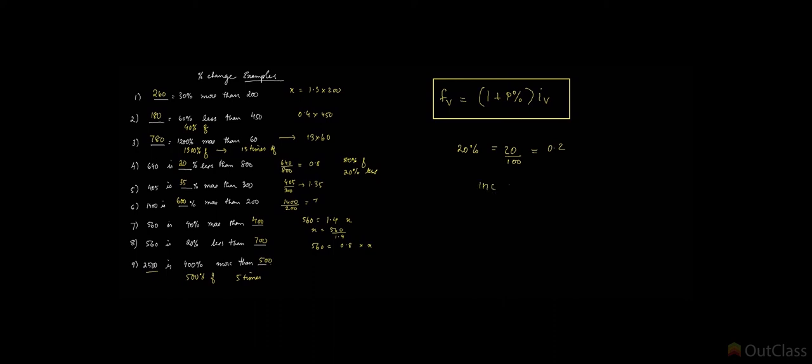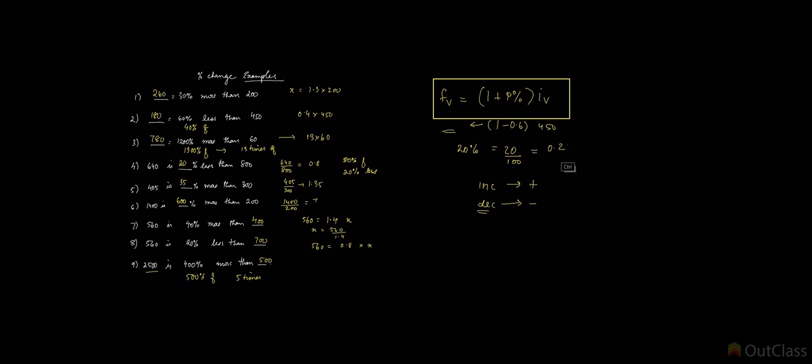And the convention is that increase is positive and decrease is negative. So the first question, 30% more than 200, is basically 1 plus 0.3 times 200. Done. Now the second one, 60% less than 450: because it's a percentage decrease, it becomes a minus 0.6, and you find the answer.